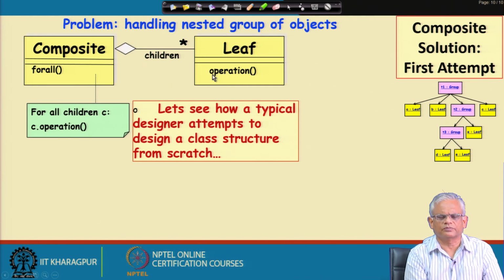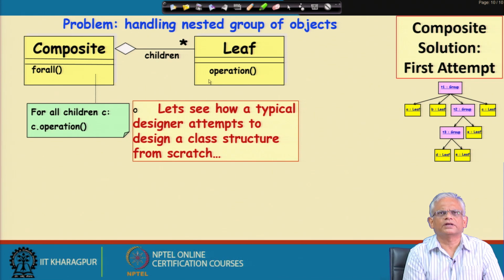I have just written here operation; the operation may be move, may be delete, may be resize, etc. So the client would have to call forAll, and then that will in turn call the corresponding operation on the leaf. But if the client deals with a primitive object, he would have to call the operation directly.